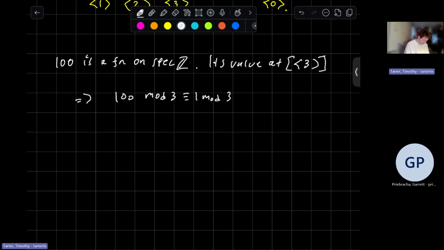Its value at 2 is 0 mod 2. And at 5 it is 0 mod 5.